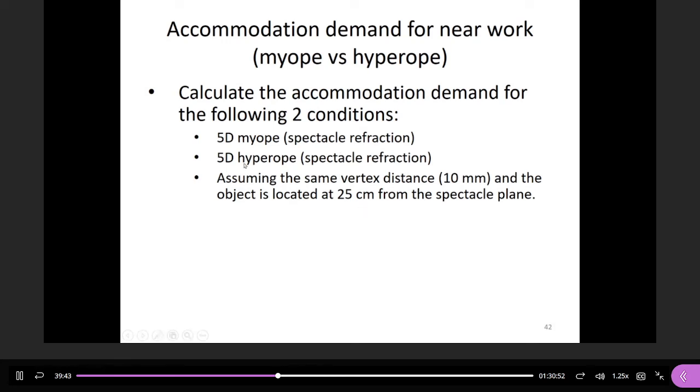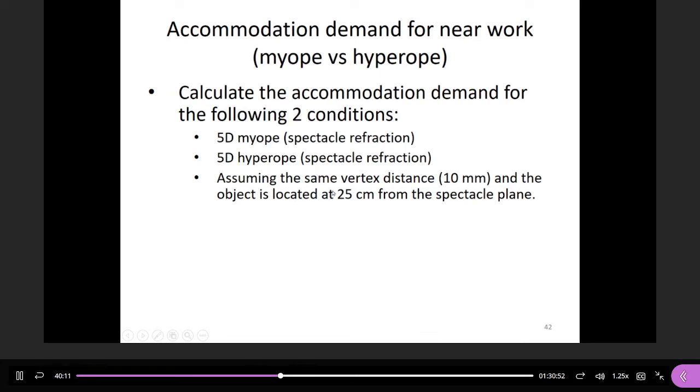The second subject is 5 diopter of hyperopia. Assuming they have normal accommodation and have the same vertex distance, so the small d is the same, 10 mm, also 1 centimeter in front of the eye. And now they have to look at objects at 25 centimeters in front of the spectacle plane.